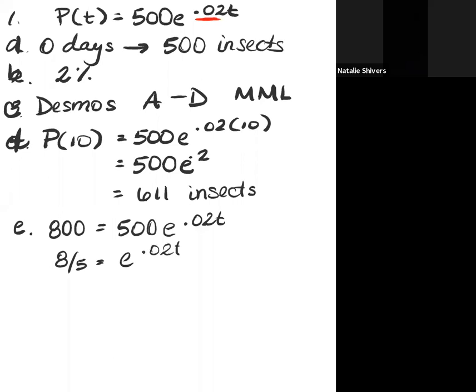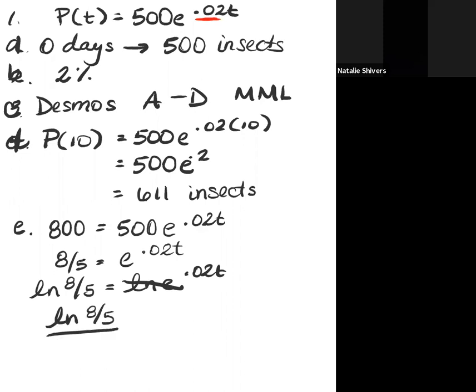The only way to get the exponent down is to take the natural log of both sides. So you can either pull it down or cancel that out and then divide by 0.02. I gave you that new website today that you could use as a calculator if you're not comfortable using your regular calculator for that.